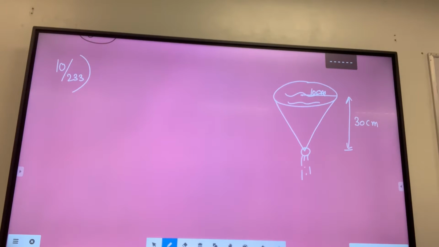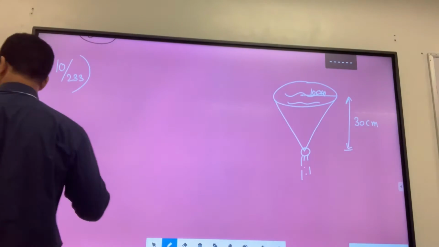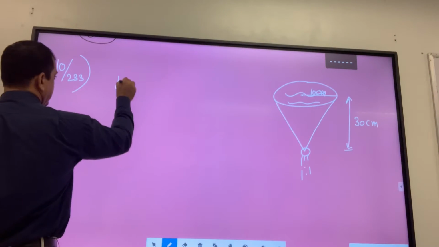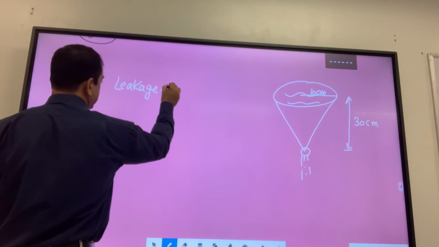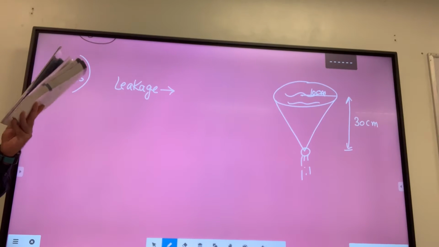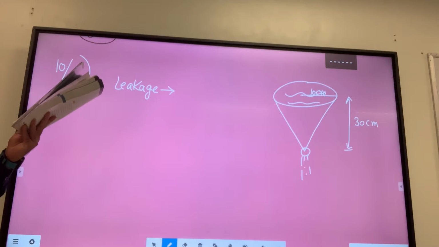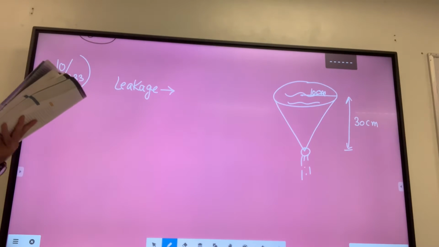The leakage rate is 4 centimeter cube per second. So this is the rate of change of the volume, right? When I call it leakage, that means there is a reduction in the volume. So volume is reducing, and you can say that this is basically a rate of change.